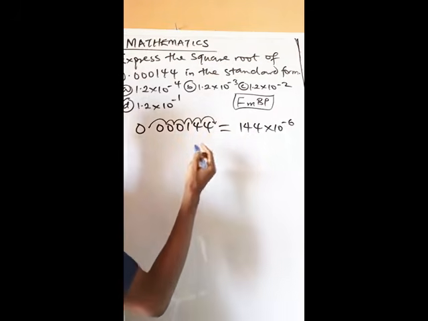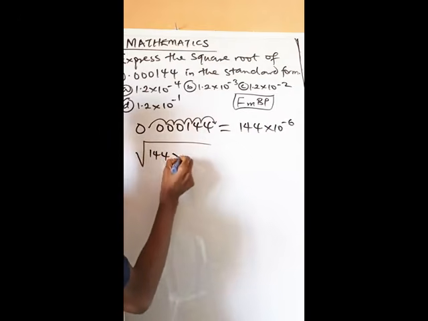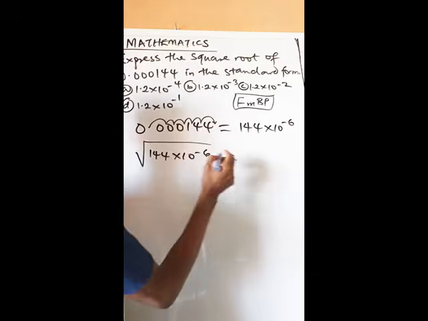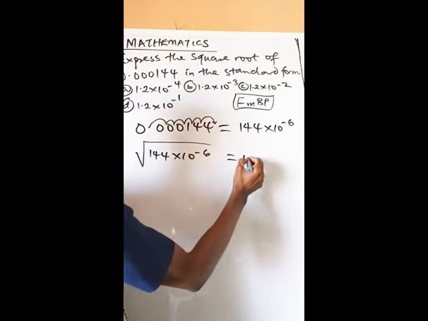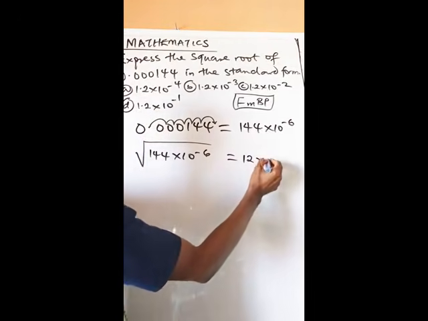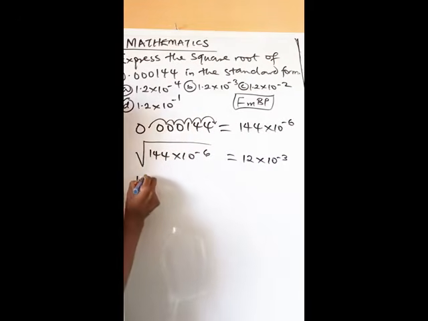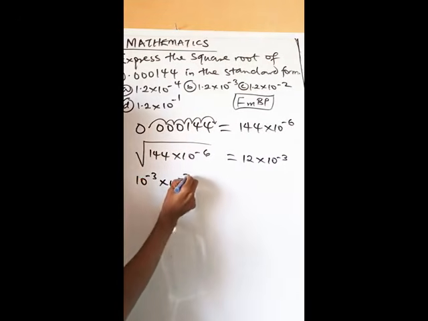Now, since I've gotten that, I can find the square root of 144 times 10 raised to the power minus 6. The square root of 144 is 12. The square root of 10 raised to the power minus 6 is 10 raised to the power minus 3. How do I know? 10 raised to the power minus 3 multiplied by 10 raised to the power minus 3.